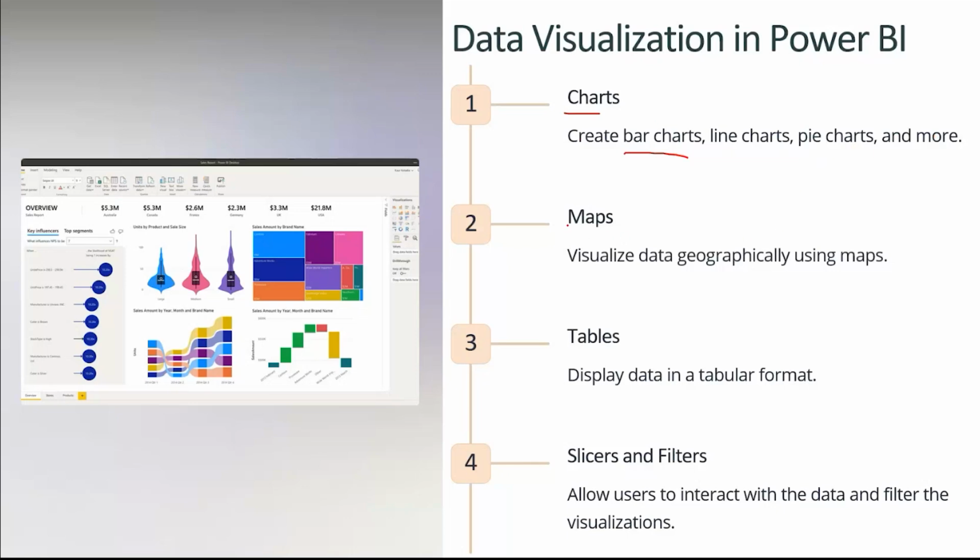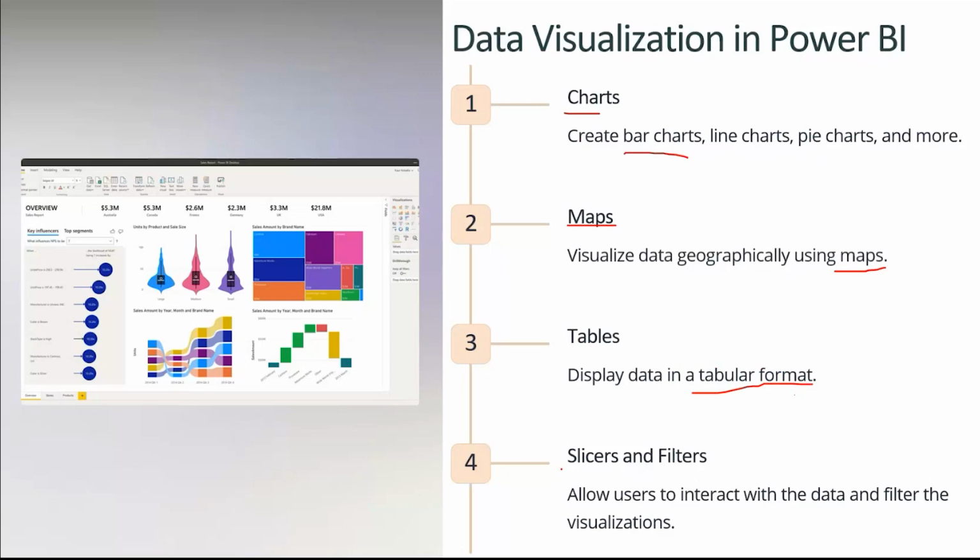We also have map visuals here, which are used for displaying the geographical data to us with the help of maps. Then we have table visuals and matrix visuals, which are basically used for displaying the data in a detailed two-dimensional row and column format or a tabular format.